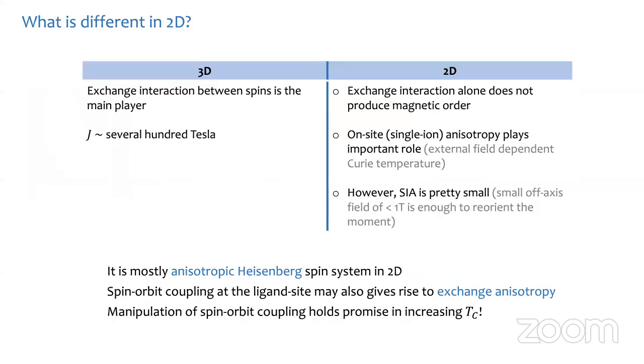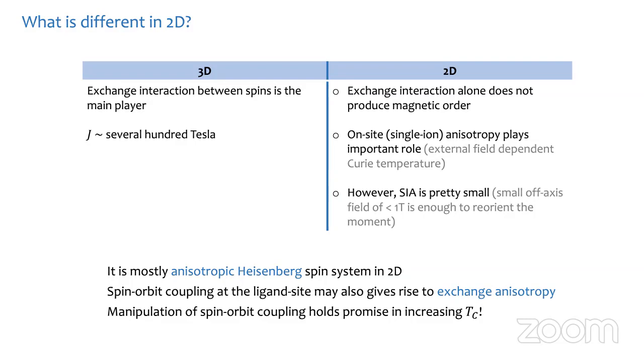So what we have learned from these two materials about 2D is that they're quite different from what our understanding has been for 3D materials. In 2D, A, exchange interactions alone may not produce your magnetic order.